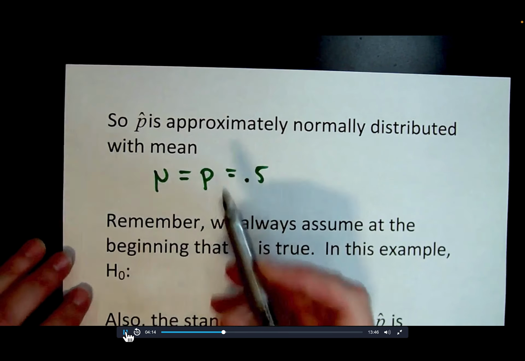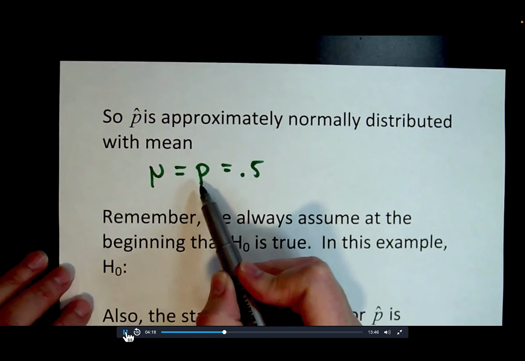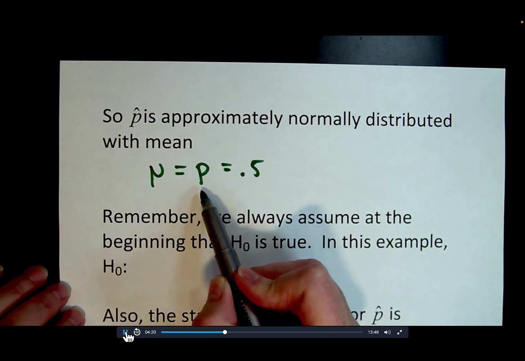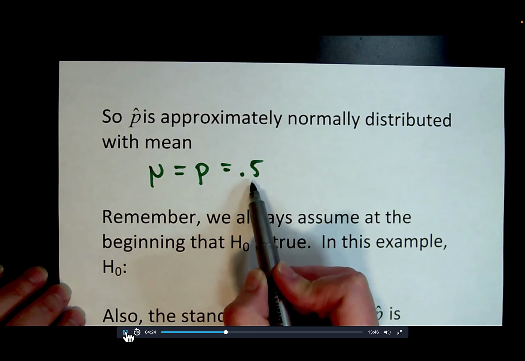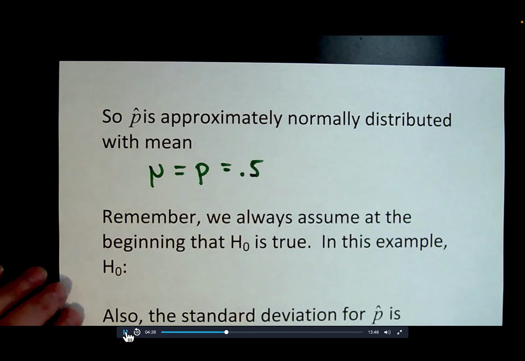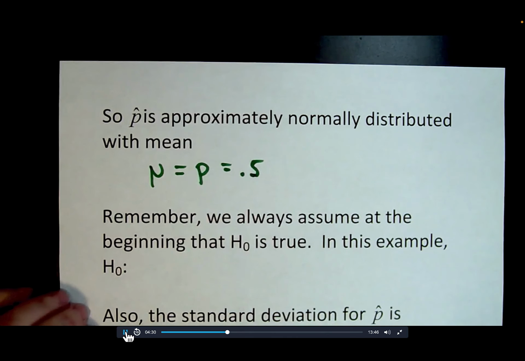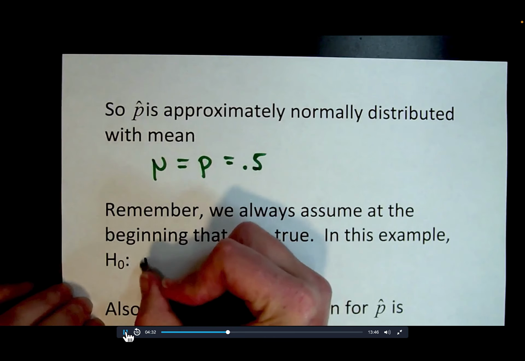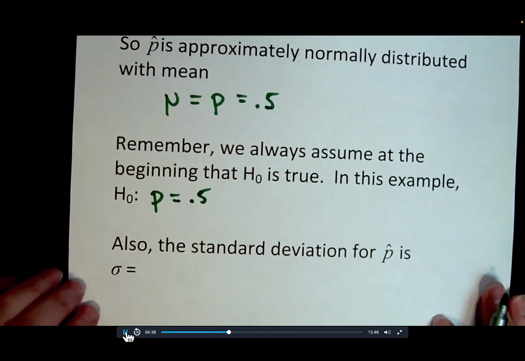Because the mean is the population proportion, we need to have a number to put in here, and that's where assuming the null hypothesis is true gives you some ground to stand on. It gives you something to work with. Remember, we always assume at the beginning that H naught is true, and in this example, H naught was the statement that p is 0.5.